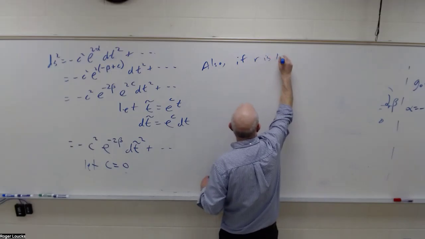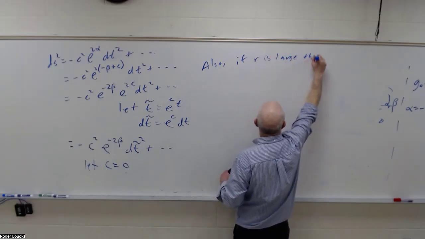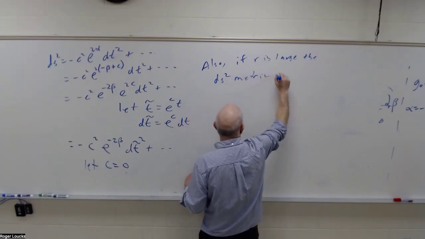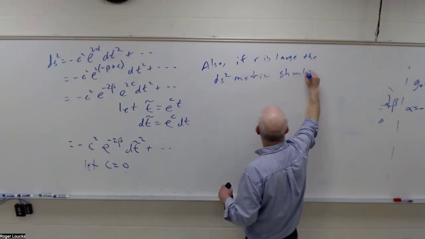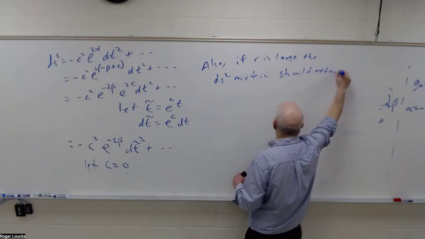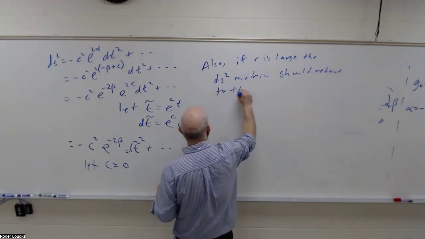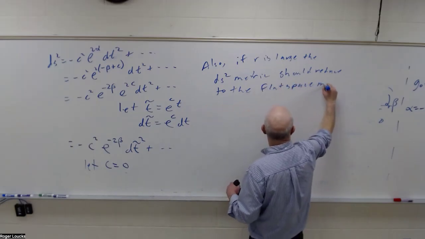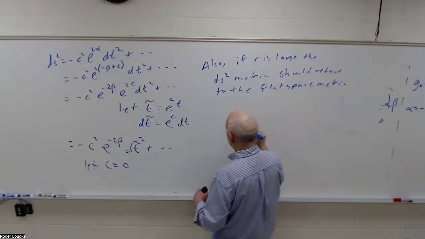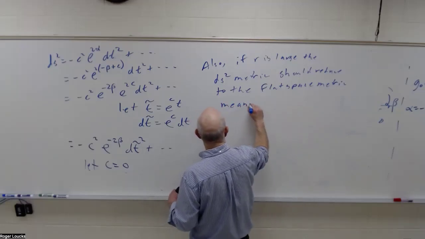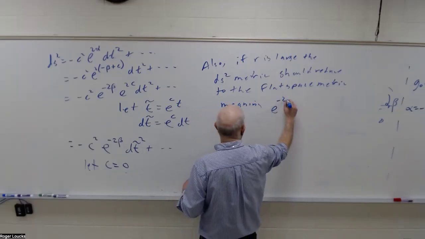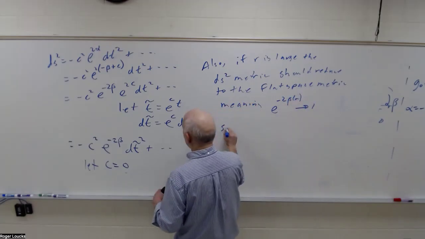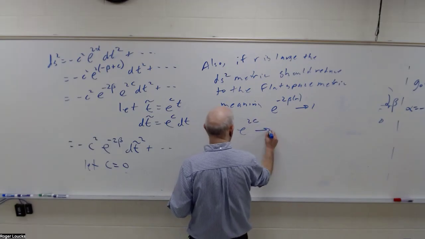If R is large, the ds squared metric should reduce to the flat space metric. Meaning that this e to the minus 2 beta of R better go to 1. So the e to the minus 2c can also better go to 1.